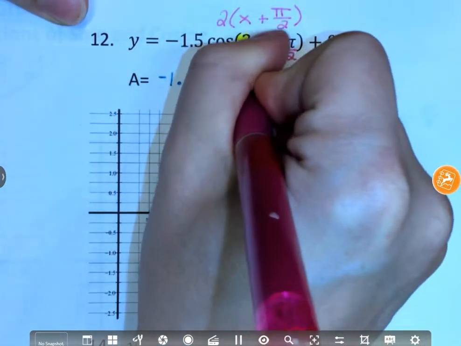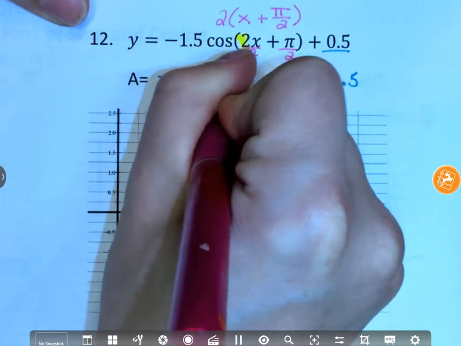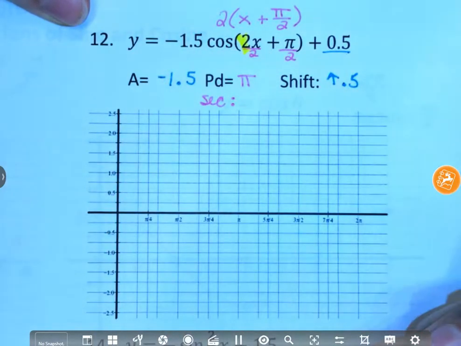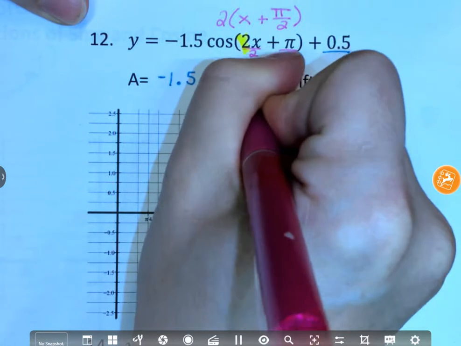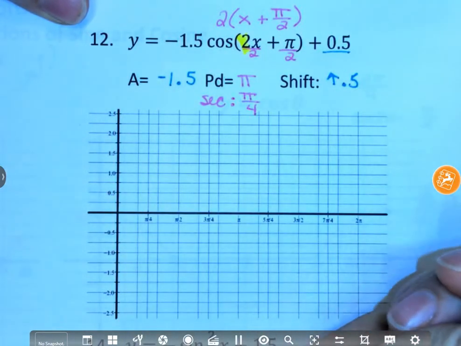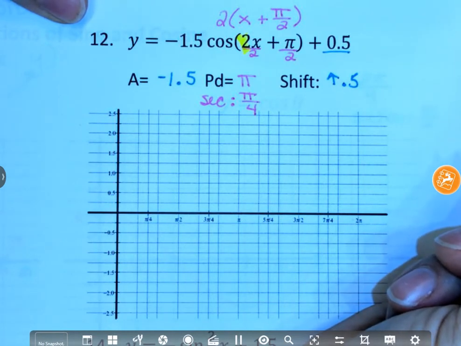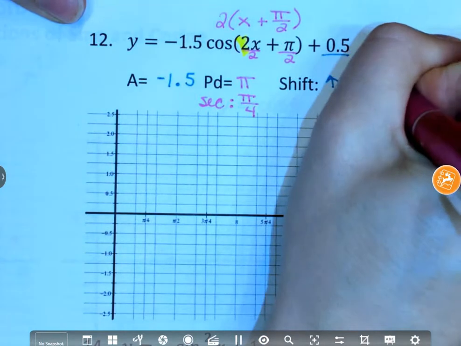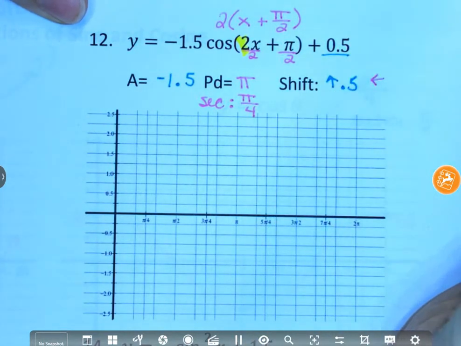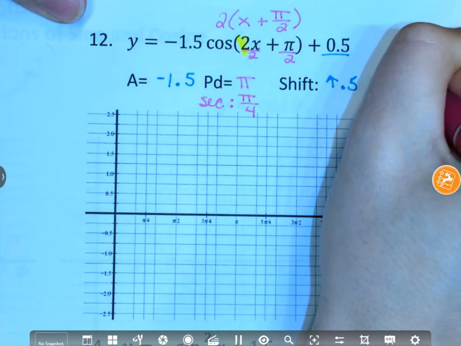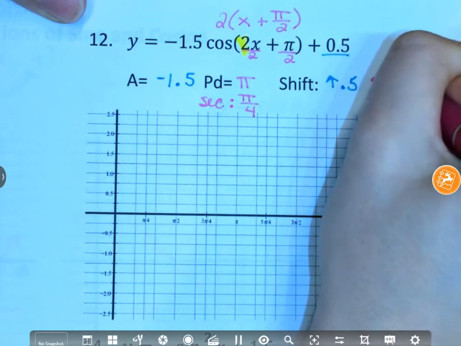Pi. Which means each section is going to be how big? Pi over 4. And am I going to be shifting left or right at all? Which direction? Left or right? Left. How much? Pi over 2.